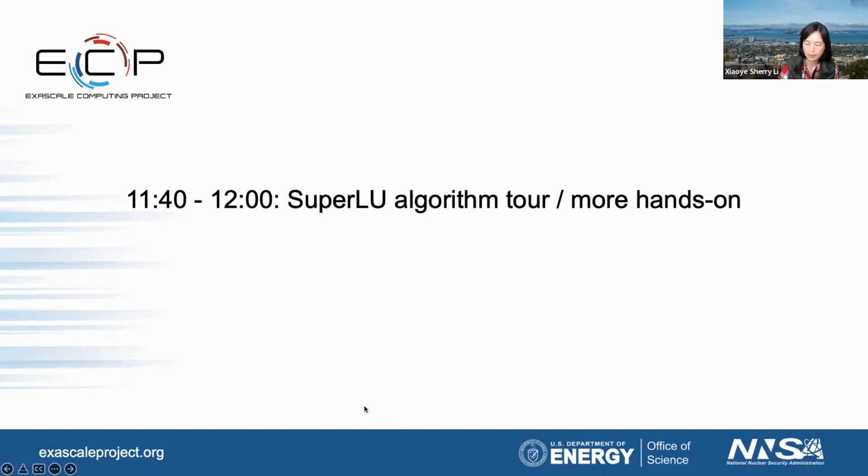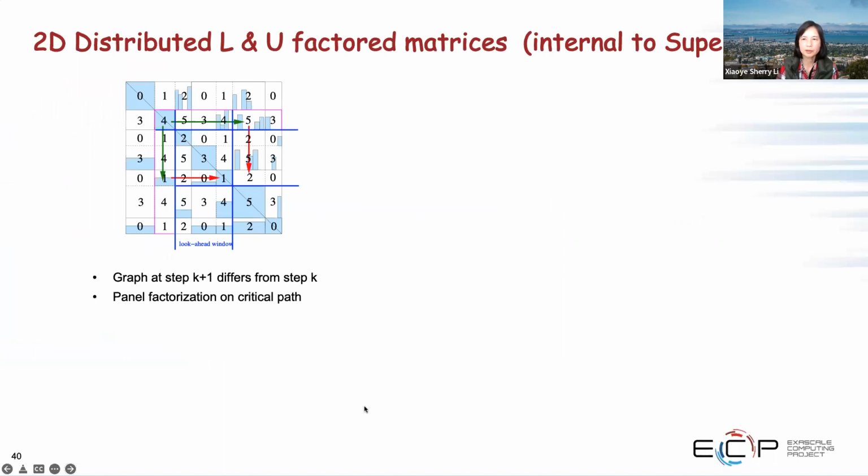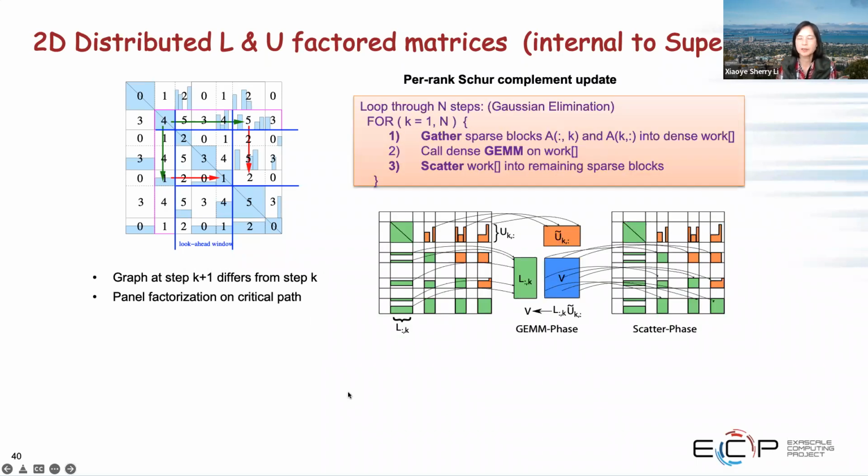All right. So what I will do is talk about the recent SuperLU_DIST development in two aspects. One is GPU, and one is communication avoiding. So this is specific to SuperLU_DIST. In SuperLU_DIST, for each step of elimination, this is your picture of the LU matrix globally after you have factored it.